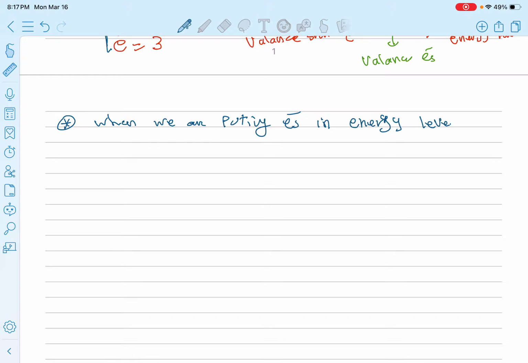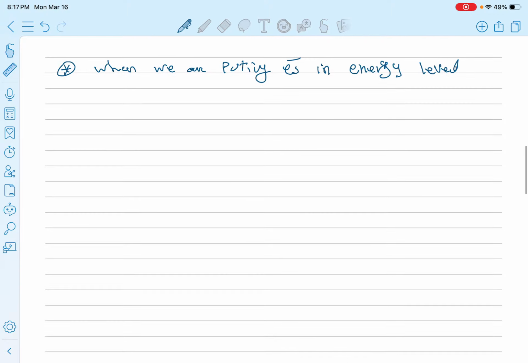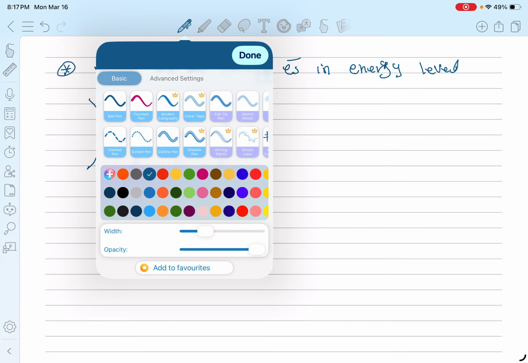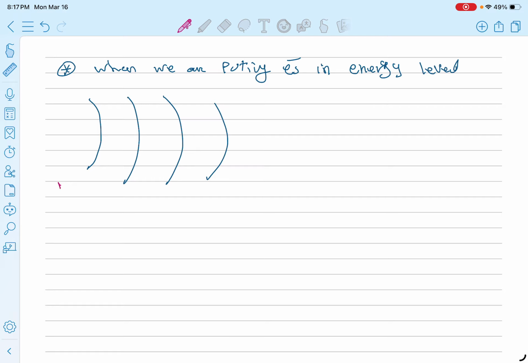The first energy level always gets 2 electrons, right? This is n equals 1, n equals 2, 3, and n equals 4. The first energy level always gets 2 electrons, the rest of them 8, 8, 8. This is the Bohr model.